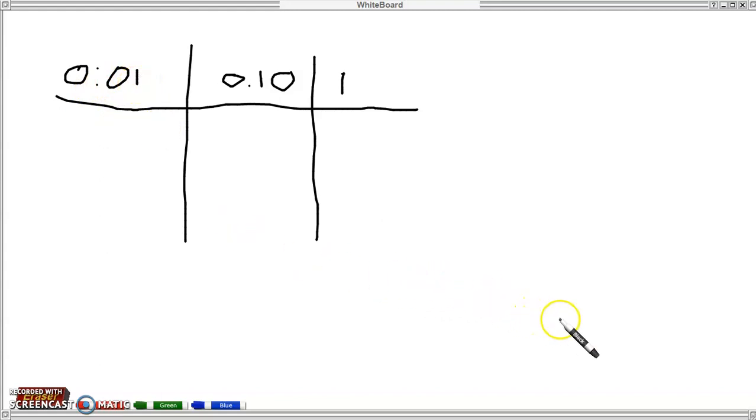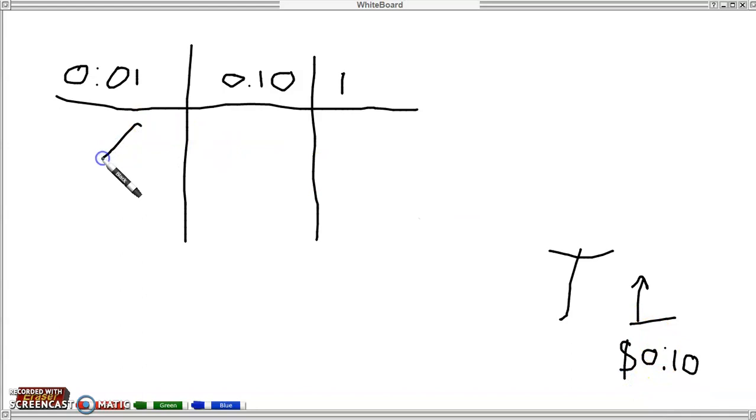So if the market moves from this price and it moves 10 pips, then if the trade is in a profitable position, you would make 10 cents for 10 pips. Does that make sense? This is in this category.